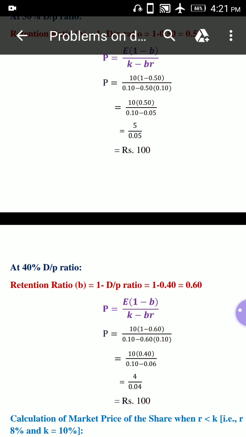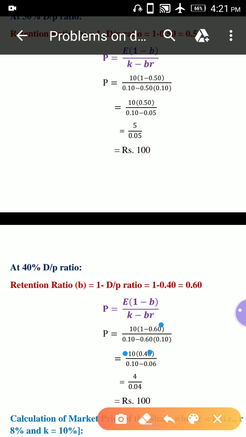Now here 10 into 1 minus 0.60 is 0.40, divided by 0.10 minus 0.60 into 0.10, that is equal to minus 0.06.